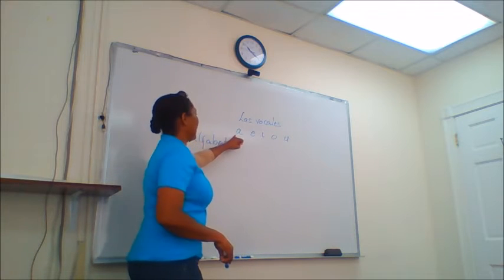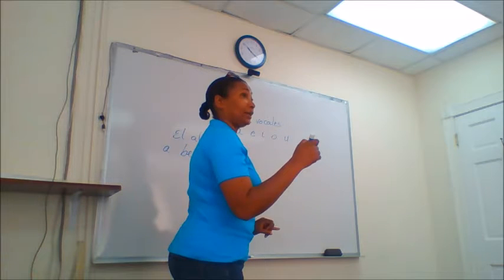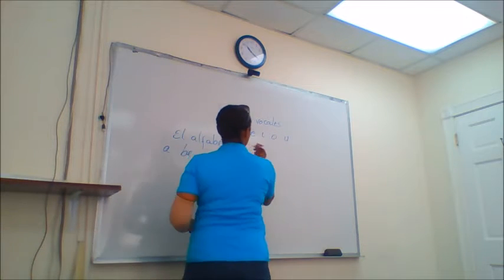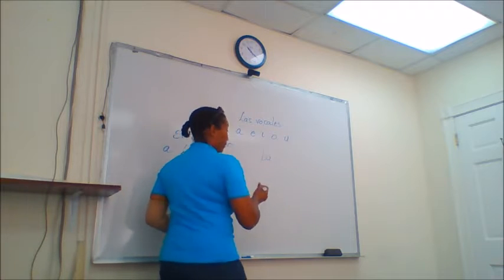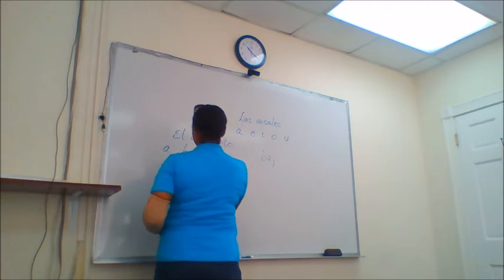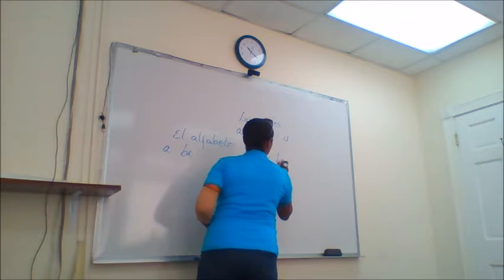B and A put together goes ba. Good. You see that, Sandy? Simone? B and A together makes ba.